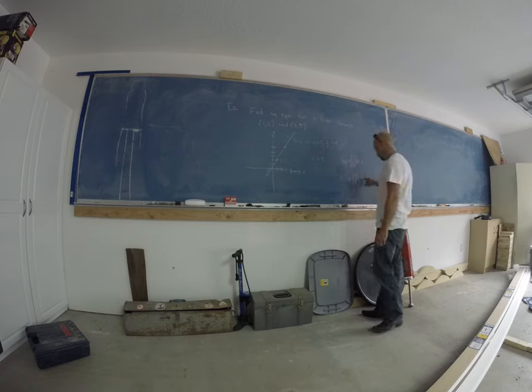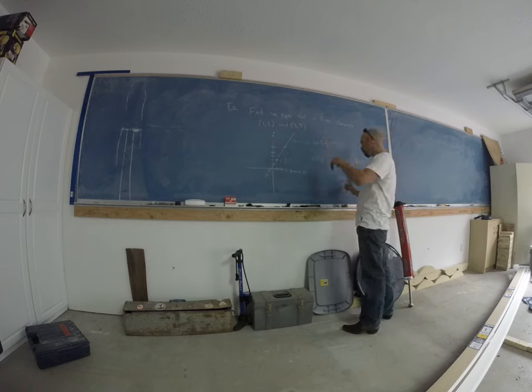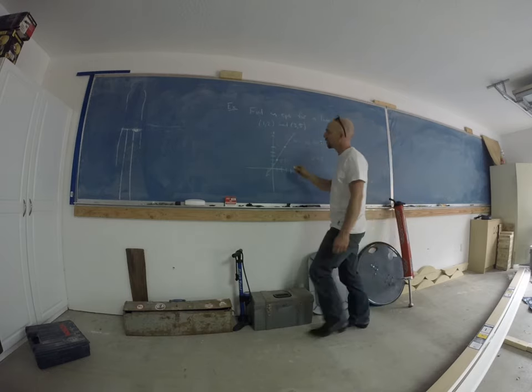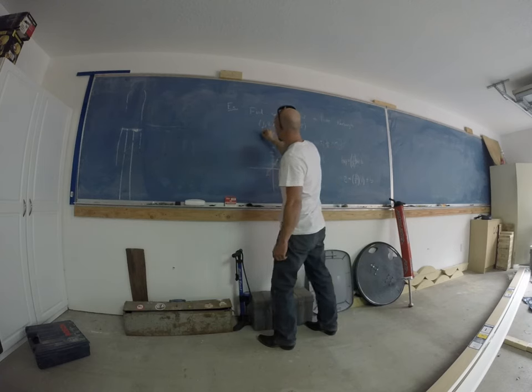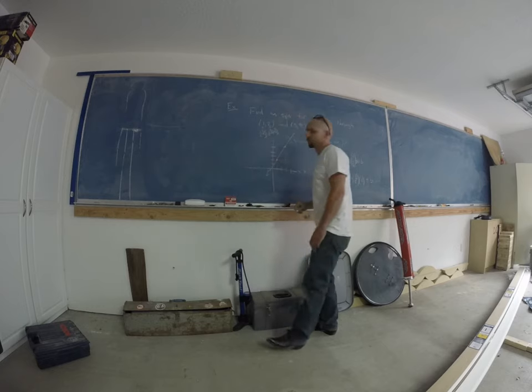I need whatever the x is here, plus b, and whatever the y or f of x is there. The f of x is the y coordinate, the second coordinate, so that goes here. This gets the 1, the first coordinate. So again, I'm using this point, thinking about this as the x value, and this as the y, or the f of x value, for this one. Okay, see that?